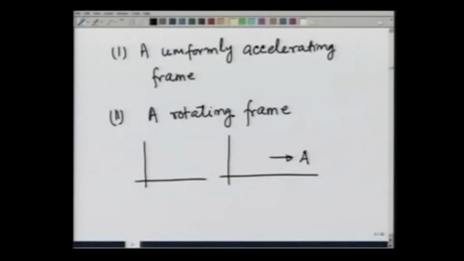We want to solve problems in these frames applying Newton's second law, which states that force equals m times the acceleration.